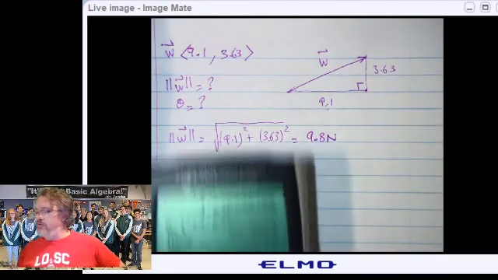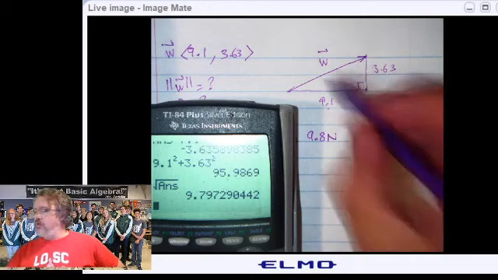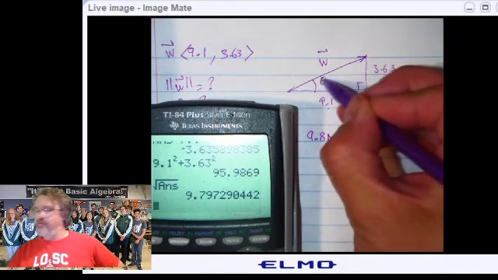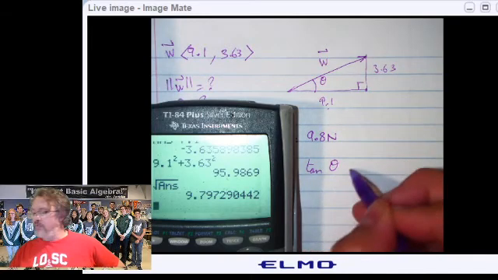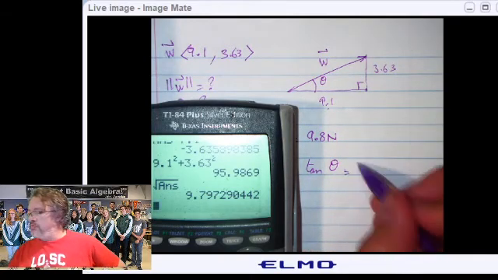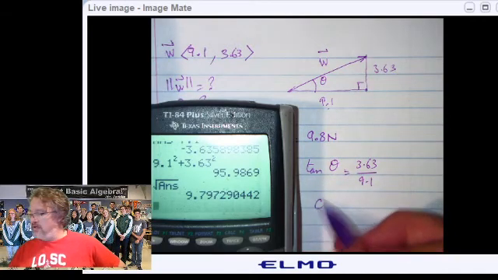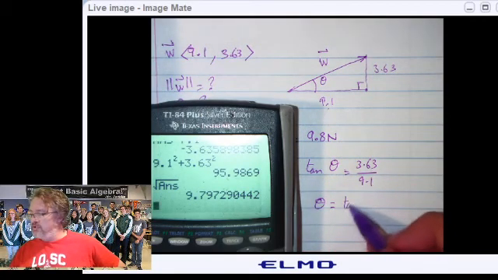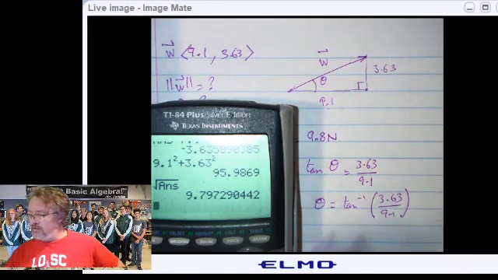As for the direction, if we call this again the angle theta, then we can say that tangent of theta is equal to 3.63 over 9.1, which means that theta is equal to arctangent of 3.63 over 9.1. So let's do that.